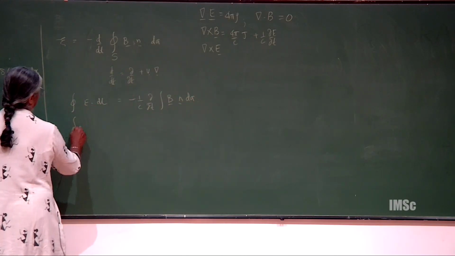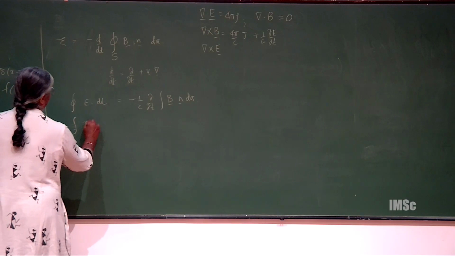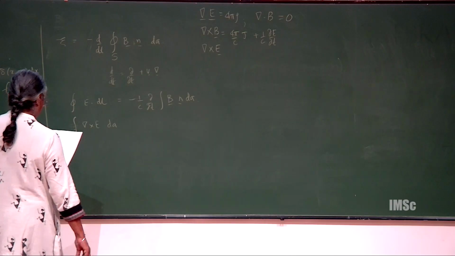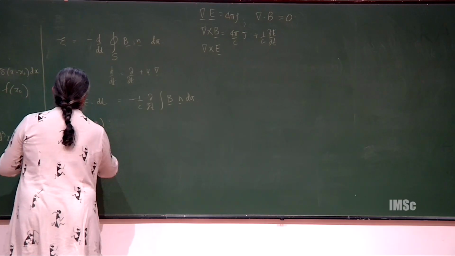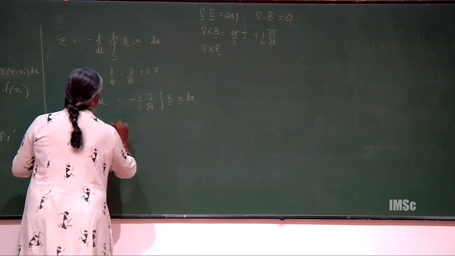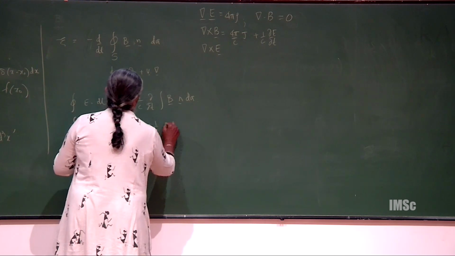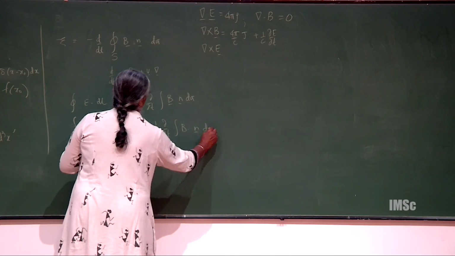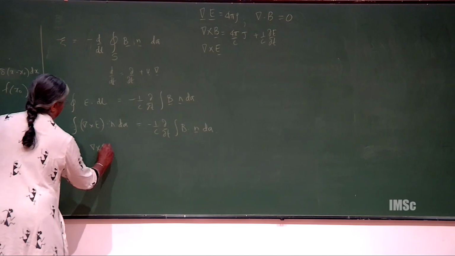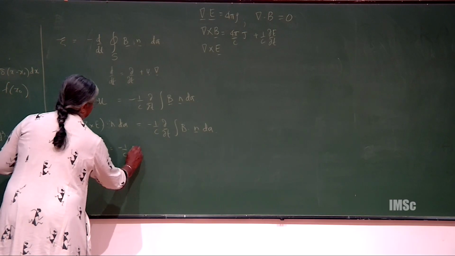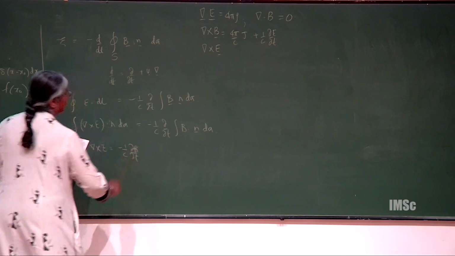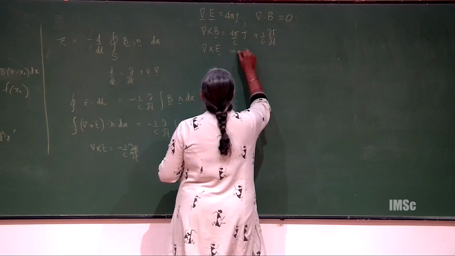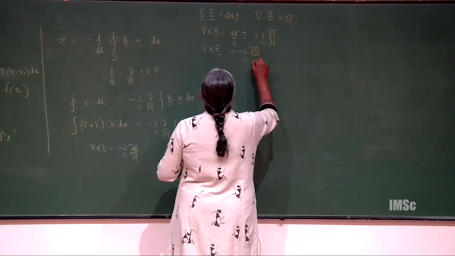Now I use Stokes' theorem to convert this into a del cross E dA, right? So now I've written always dot n, so my area element is minus 1 by c d by dt of b dot n dA. Then I can actually write del cross E is equal to minus 1 by c dB by dt. Sorry, this will take longer and I don't want to spend that much time, so I kind of fast forwarded it, but I've told you where it comes from, okay.